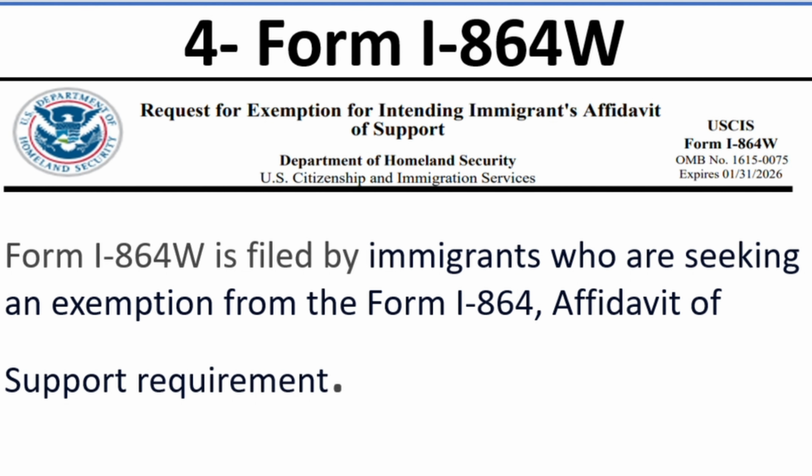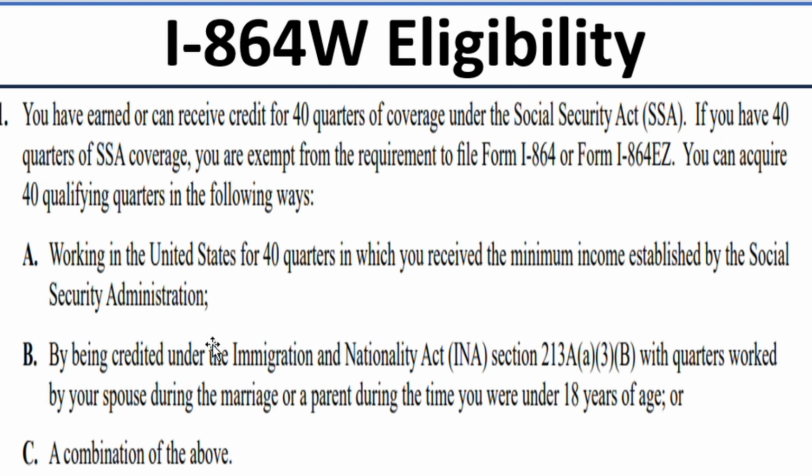Now let's talk about eligibility for I-864W. If you have earned or can receive credit for 40 quarters of coverage under Social Security, you are exempt from the requirement to file form I-864 or form I-864EZ.